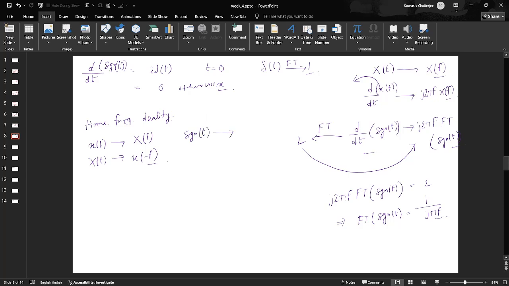Sin t has Fourier transform 1 by j pi f, then sine of minus f has Fourier transform 1 over j pi t. And what is sine of minus f? It's nothing but minus sine f has Fourier transform 1 over j pi t.